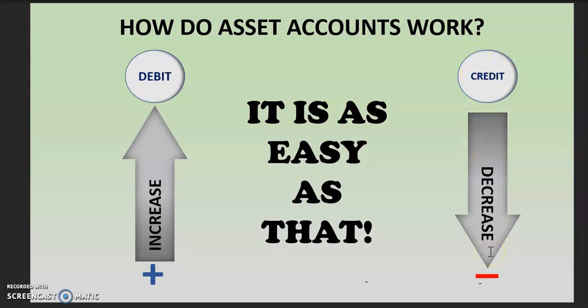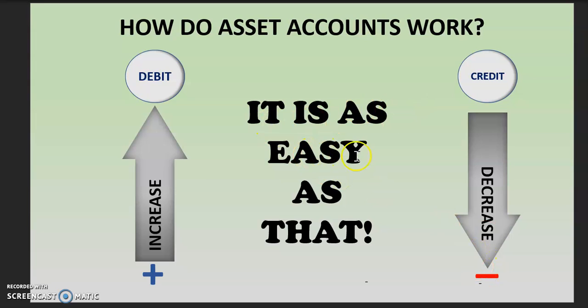To demonstrate this, we will have a look at a general ledger, and I will explain further how this works. But just to remind you guys how this works: assets increase on your debit side and they decrease on your credit side.